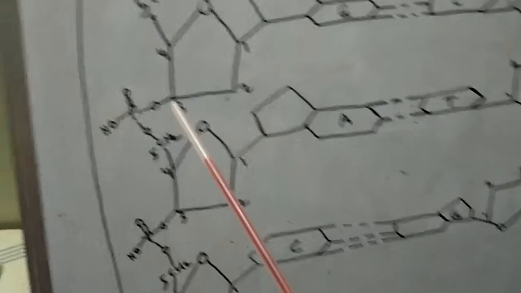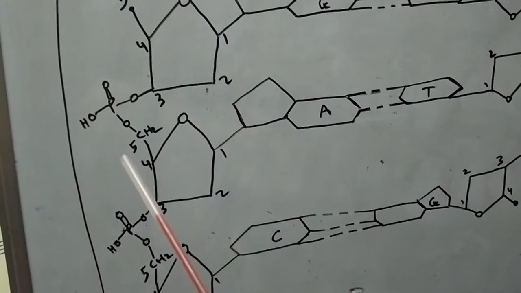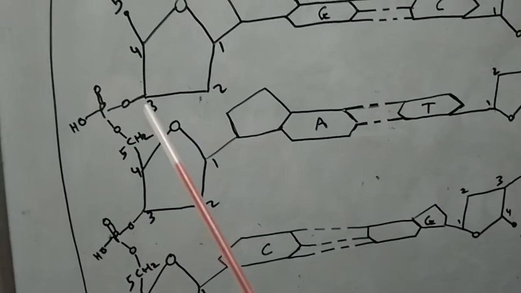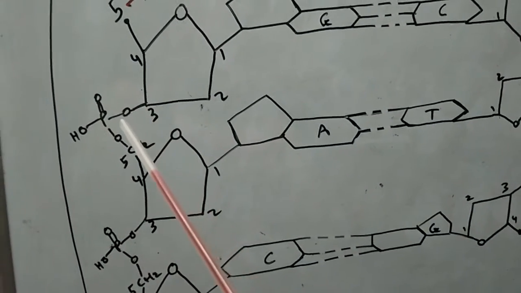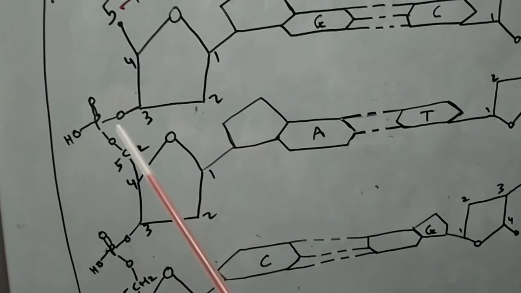Now on carbon number 3 you need to draw the phosphodiester bond, and for that you need to attach phosphate groups. So here I have drawn the phosphodiester bond like this.